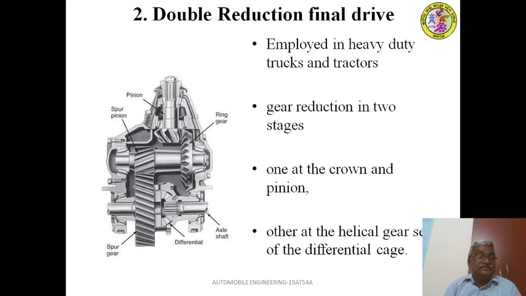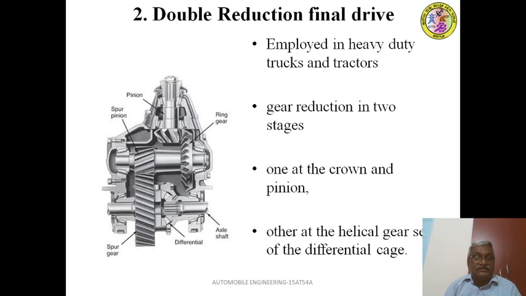So it is one of the disadvantages if we use a large gear of single reduction. In tractors we need high ground clearance because it has to move in the field, and with the single reduction final drive there will be more stress on the teeth of the crown and pinion.